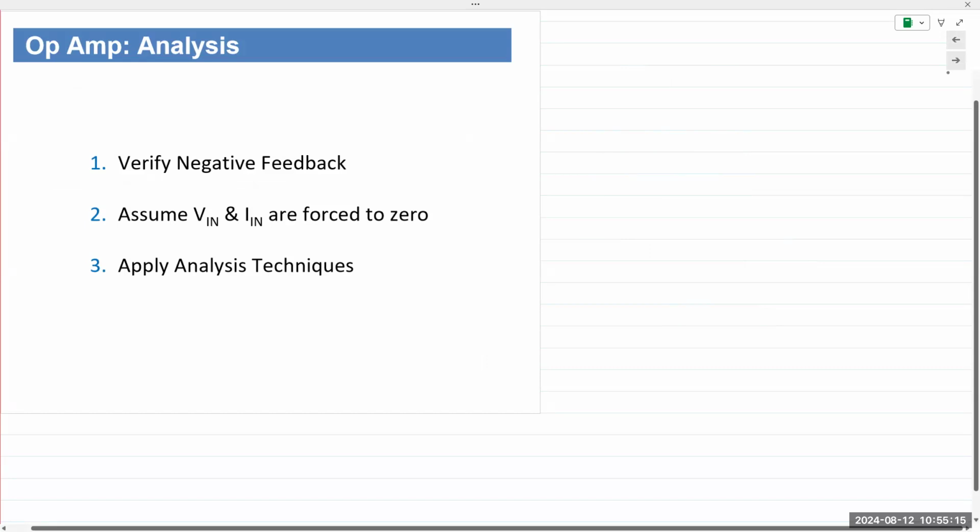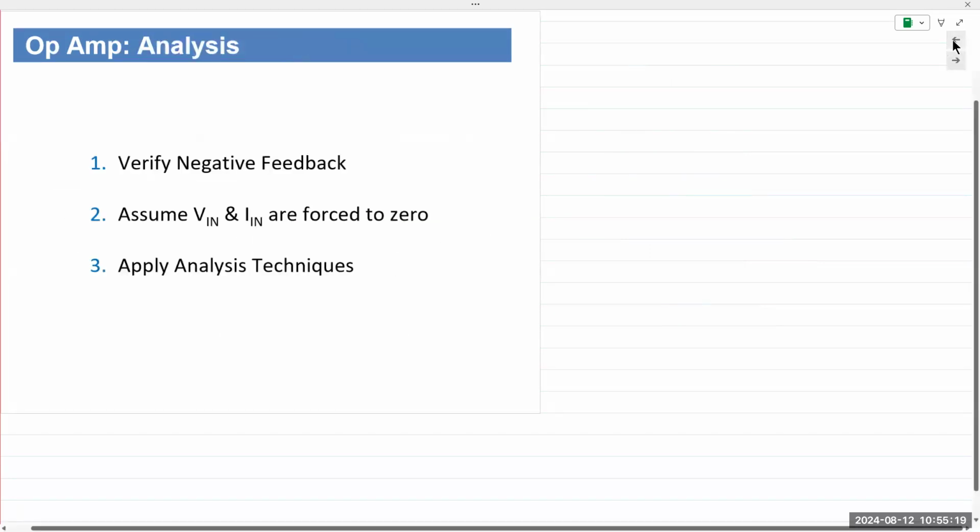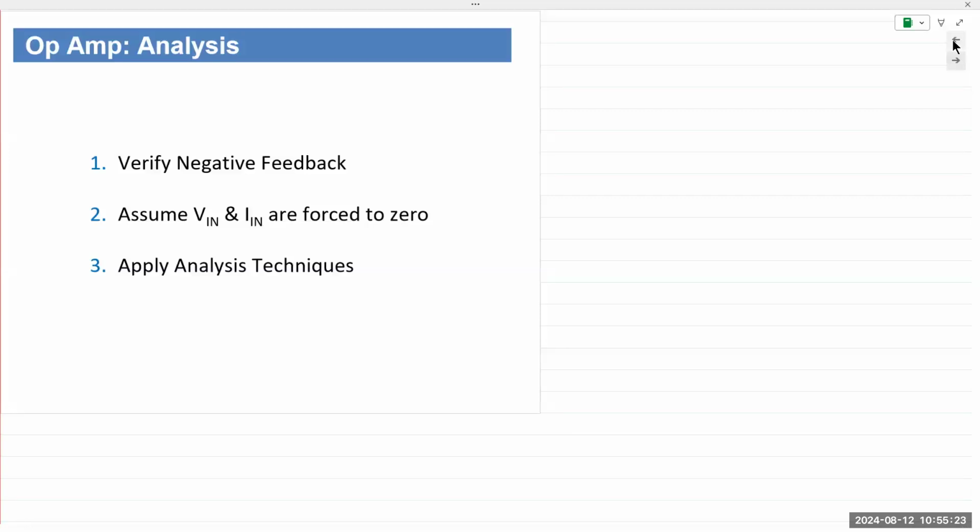One more slide before we get into the other circuits. Most of the circuits that we look at will have feedback going into the negative terminal. So it'll have negative feedback. Negative feedback results in the output being driven low, then being amplified depending on how you connect the circuit components.